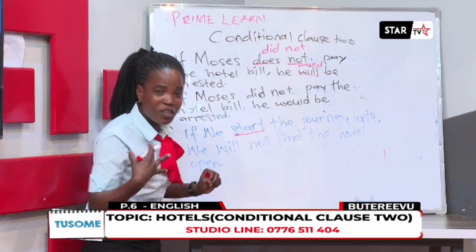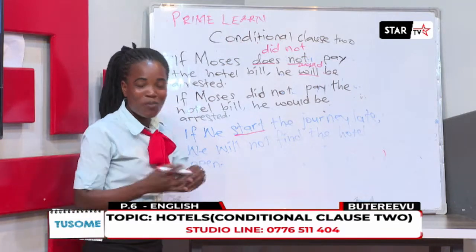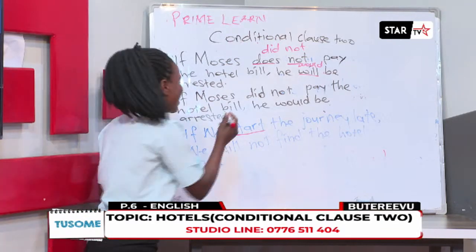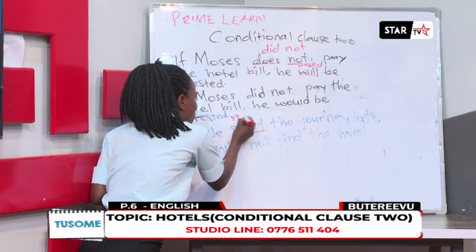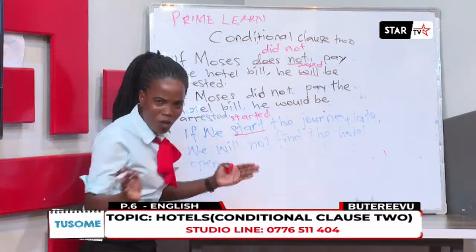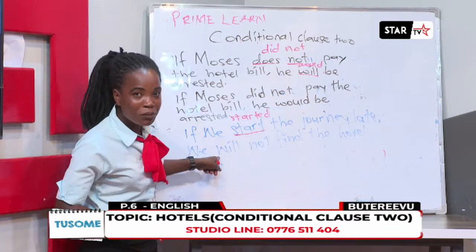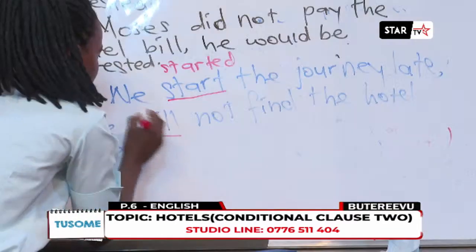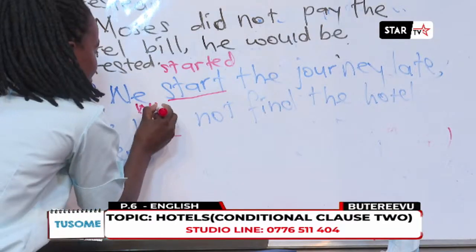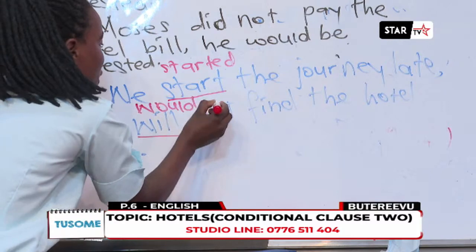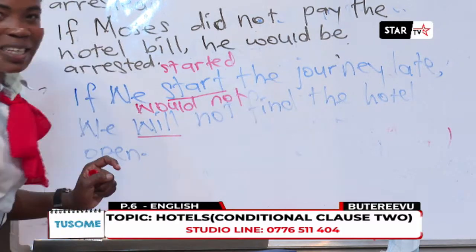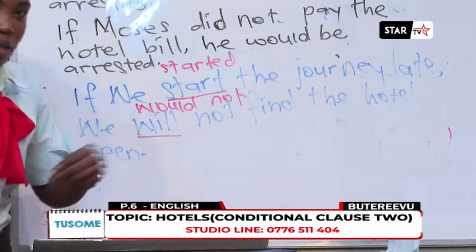What is the past form of this verb start? The past form of this verb start is "started". I believe you are following me, my precious viewer. Then look at the main clause. Change it to "would". However, don't tamper with the word not. Leave it there. Note this clearly, "will not" and "would not", they are written as two separate words.